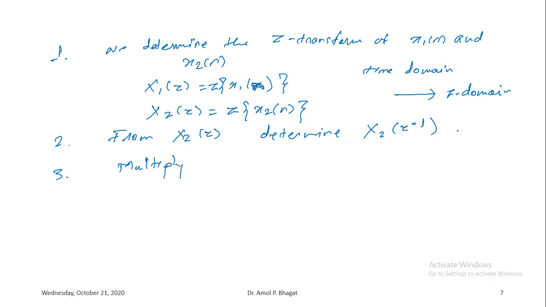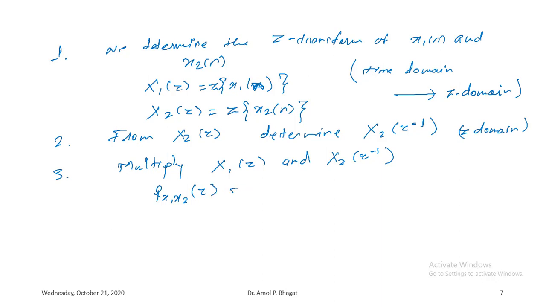So here the signal is in z domain, then multiply x1 of z and x2 of z inverse. Okay, so to get this multiplication sequence, which we indicate as r x1 x2 of z, it will be x1 of z multiplied by x2 of z inverse. Okay, so again it is in z domain.